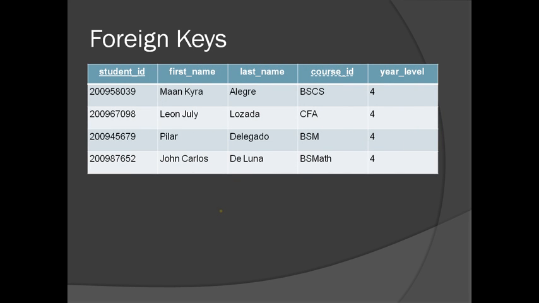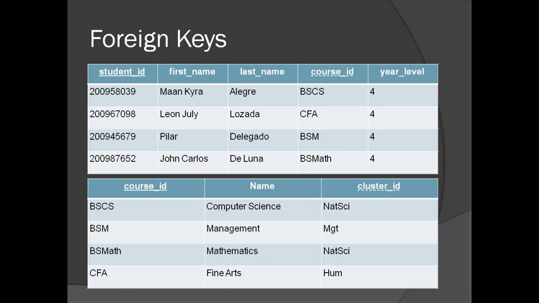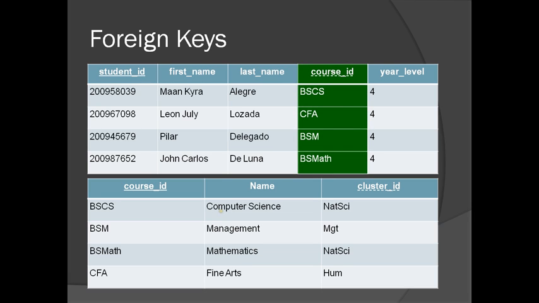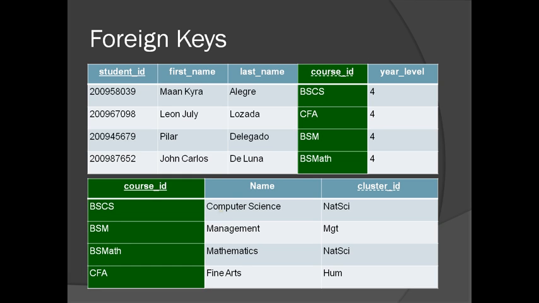Going back to our previous example, the student relation, we identify the foreign key with a dashed underline. In this case, it's our course ID field. This foreign key references the PK of the course relation, and that is course ID as well.